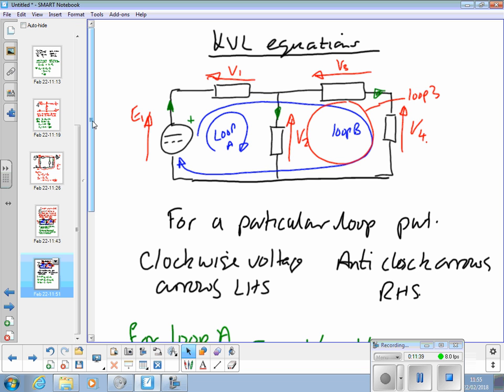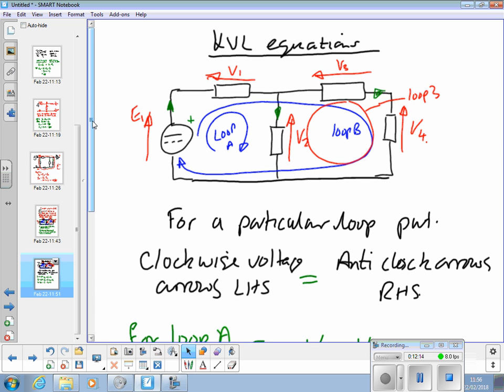So in that process, a bit like with the currents, the most important thing is labeling that diagram up with the arrows in the right direction. The arrows go with the current on sources and against the current on loads or resistors, and then we put all the clockwise arrows one side, all the anti-clockwise arrows the other side, with an equal sign in the middle.